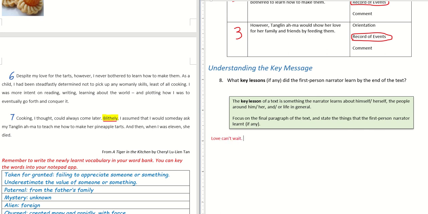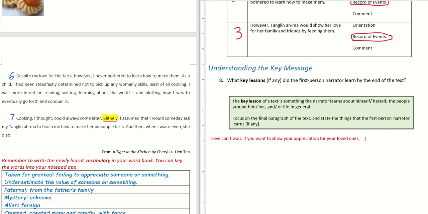Love can't wait. Okay, if you want to show your love or appreciation for your loved ones, because I said that she undervalued, took her grandmother for granted, right?